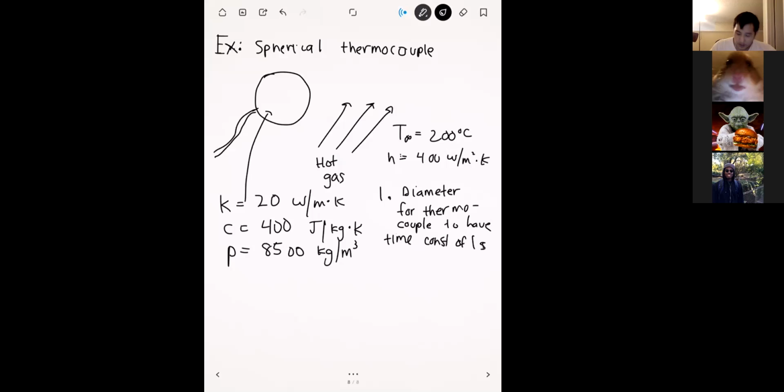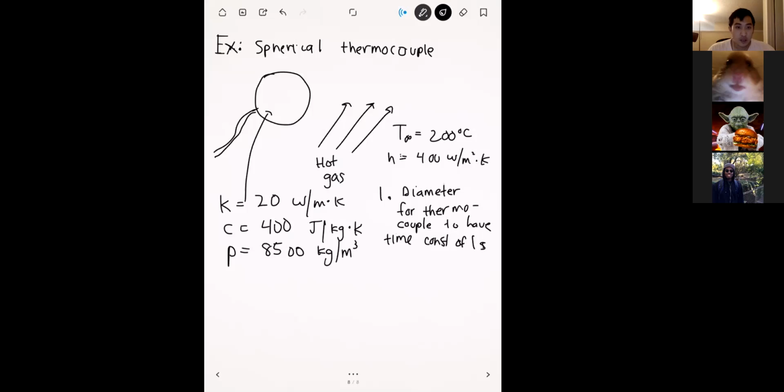The thing with thermocouples is that you always want them to measure your temperature accurately. A thermometer doesn't do you any good if it's not measuring the temperature accurately. Let's say we're in a situation where the temperature of the hot gas is changing fairly rapidly, about every second.